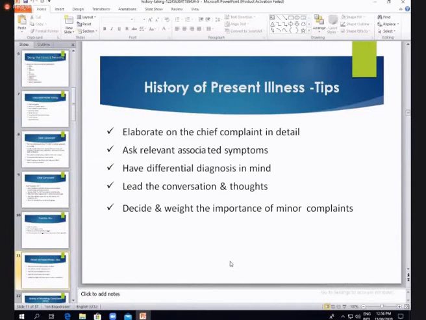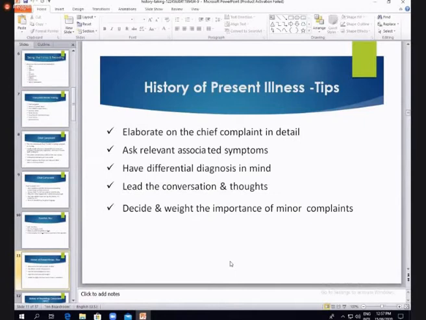You need to ask about the history of fever, the history of cough, whether it is productive or not, the history of chest pain, the history of palpitations, because this shortness of breath can be cardiac as well as respiratory in nature. So you need to focus on the associations and the features which are relevant to the presenting complaint, that is the chief complaint.